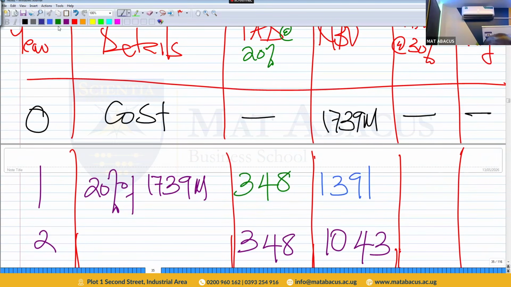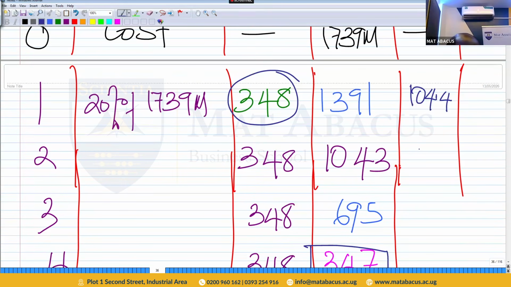Now, when you are getting the tax relief, you will get this 348 multiplied by 30. You get 348 times 30. You get 104.4. You will get that relief.